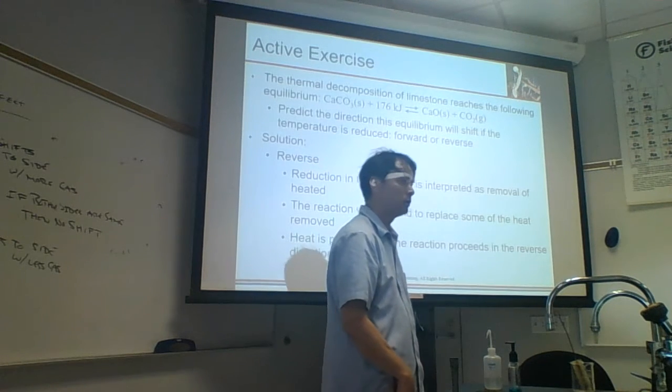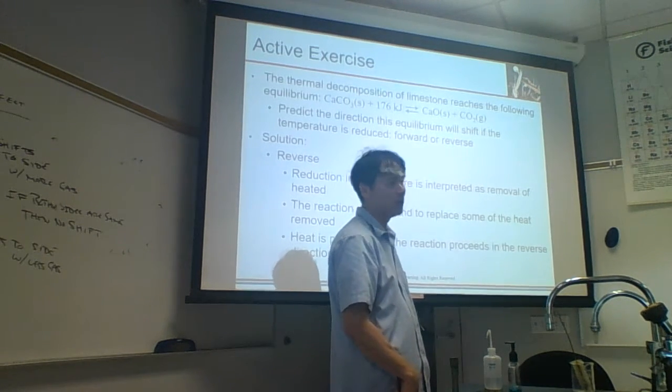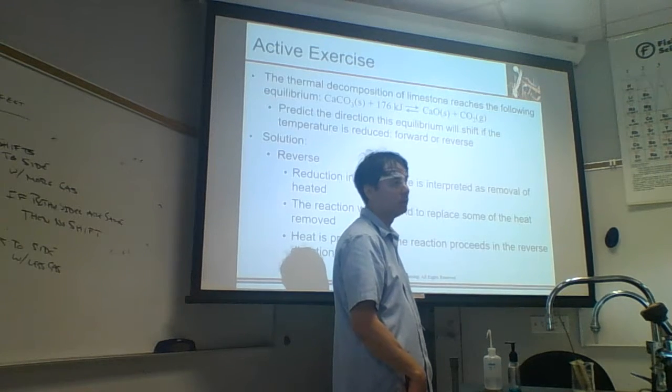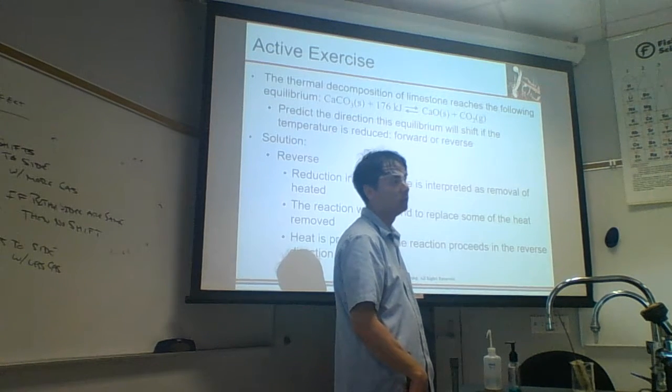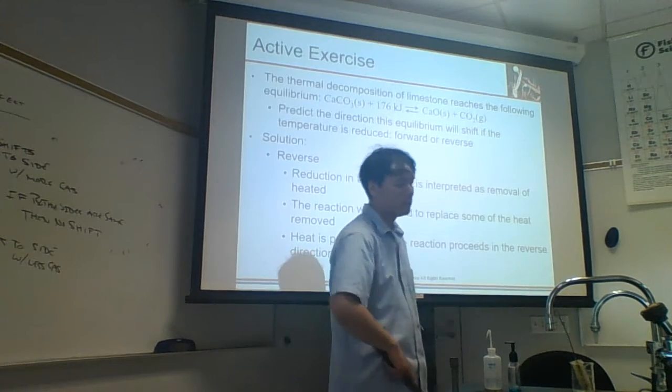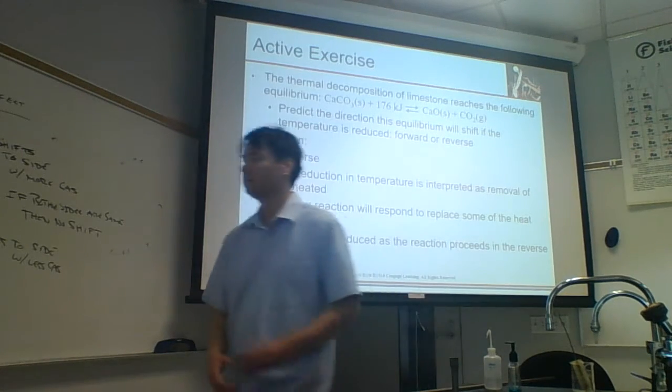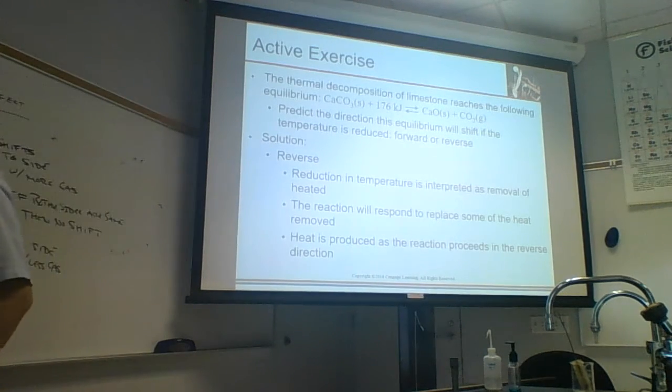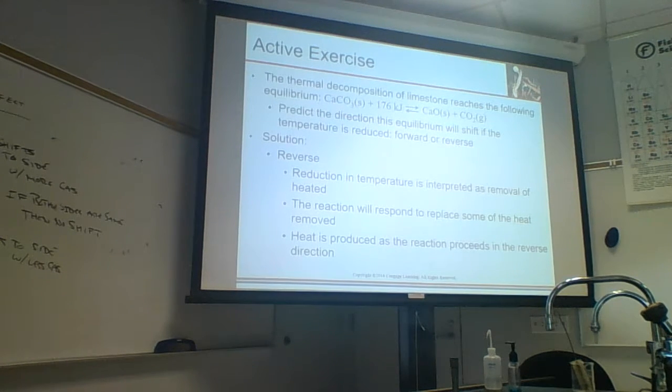If I only had 100 kilojoules, then that's my limiting reagent. I'm going to react less than a mole of calcium carbonate. What's a mole of water? Mole of water is 18 grams or 18 milliliters.